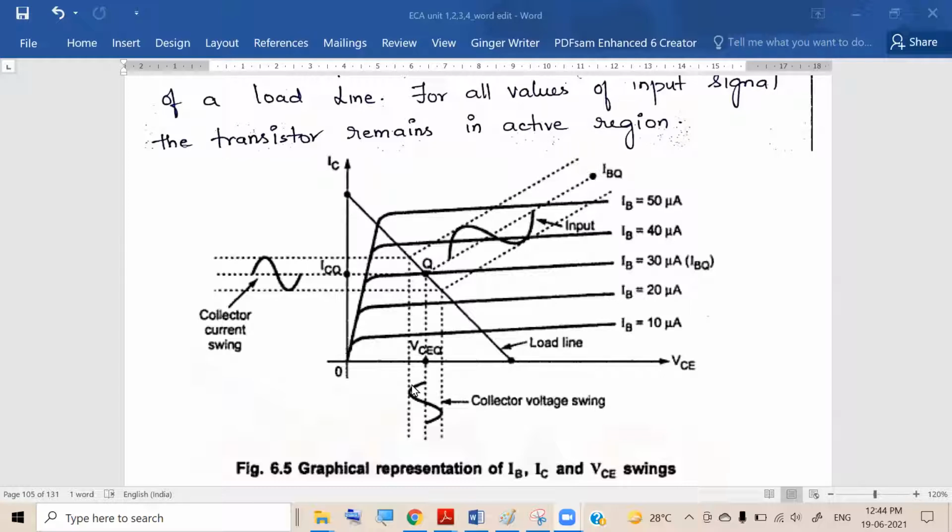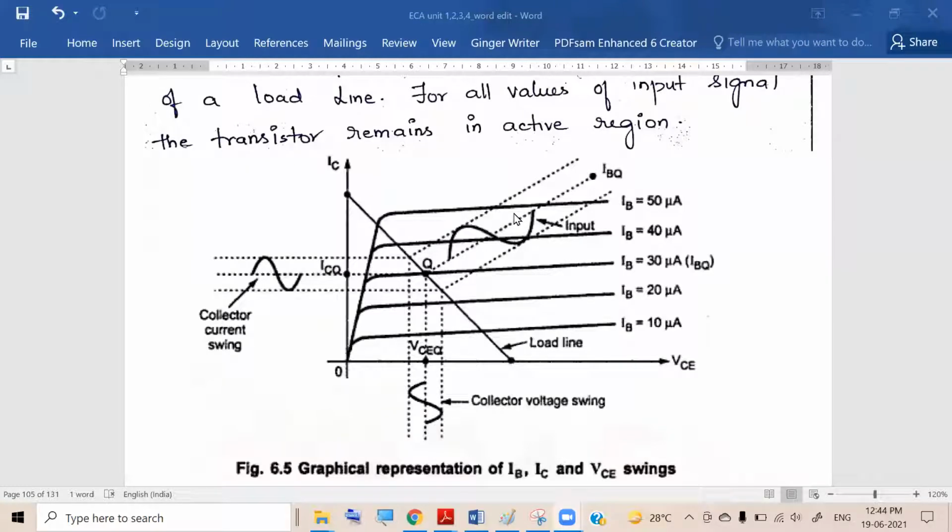This is the reason why the transistor amplifier provides 180-degree phase shift. While discussing feedback amplifiers and oscillators, we discussed many times that the amplifier circuit provides 180-degree phase shift. This is the reason.